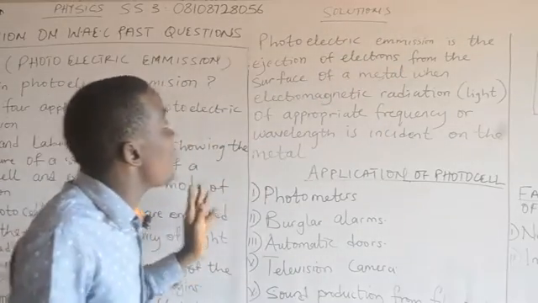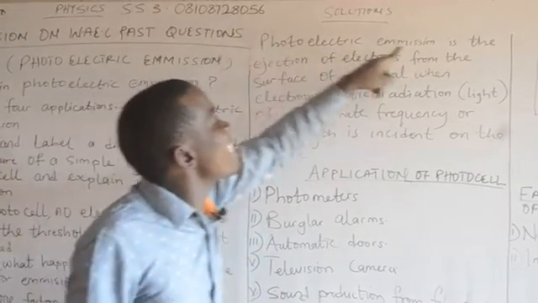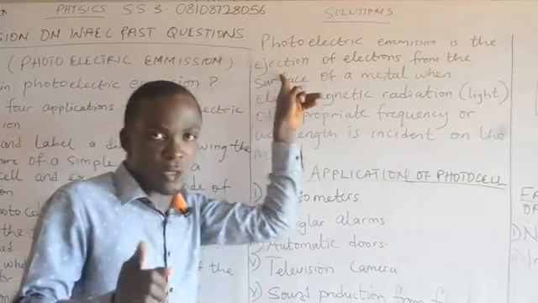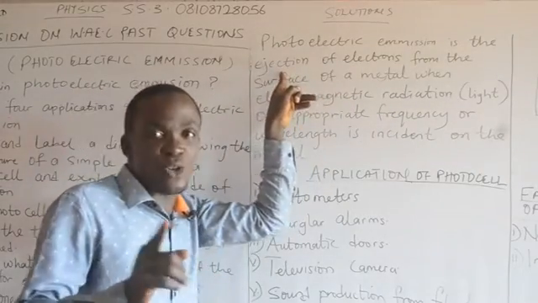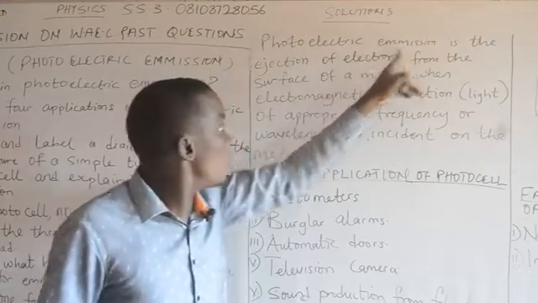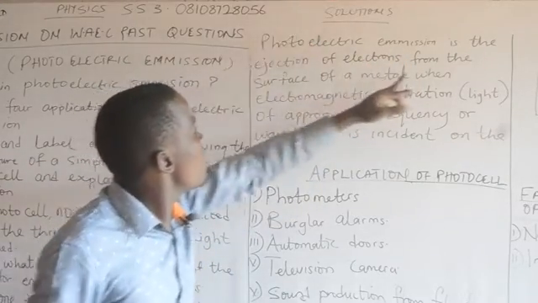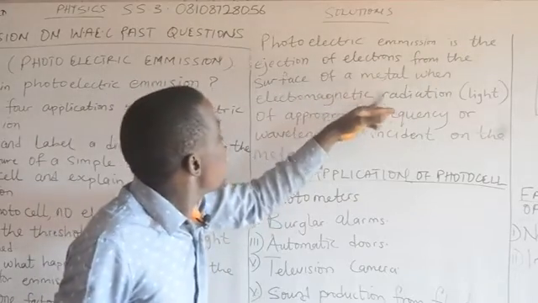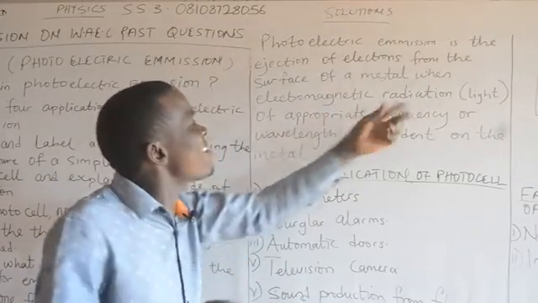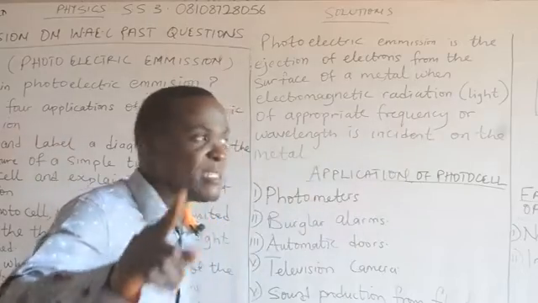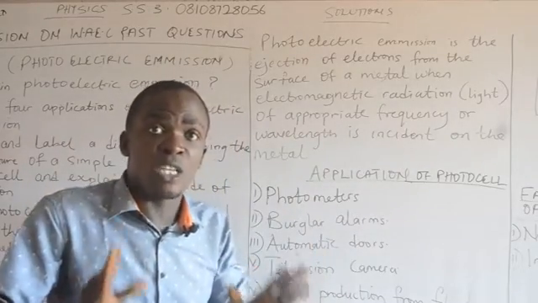Now, from the definition we have on the board, it says photoelectric emission is the ejection. Looking at that ejection, it already satisfies the word emission. The ejection of electrons, which is the electric part, from the surface of a metal when electromagnetic radiation is incident on it. And electromagnetic radiation, for what most of us know, is talking about what?